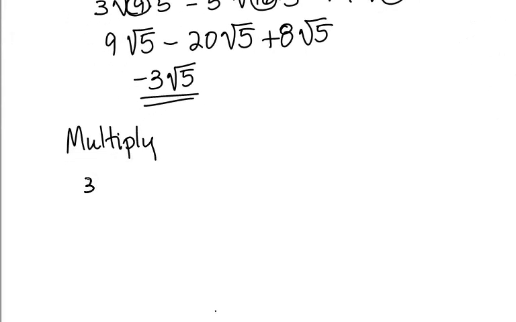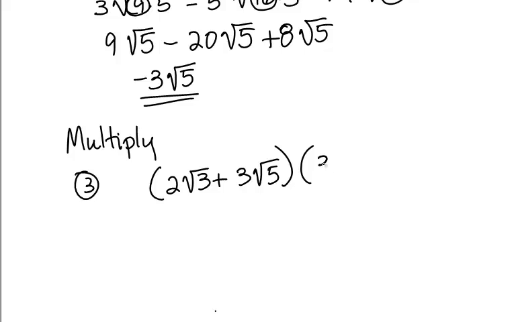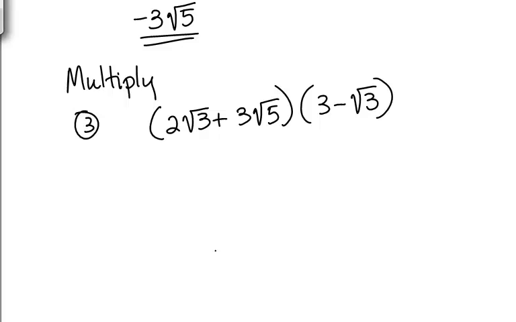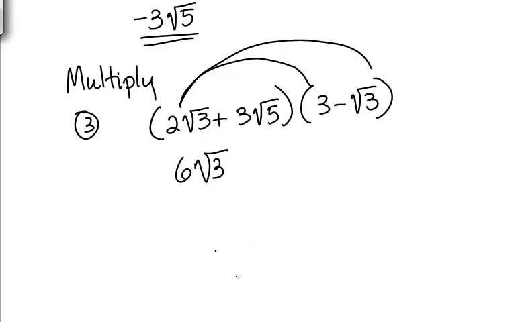Okay, so now let's do the multiply. Let's do a couple examples. Let's say they give you the quantity 2 radical 3 plus 3 radical 5 times the quantity 3 minus radical 3. So it's basically like you're going to FOIL this out. And I recommend you draw the arrows. Multiply 2 times 3 would be 6 radical 3. Multiply the numbers in front. It's understood there's a 1 in front here, so 2 times 1 would be negative 2.